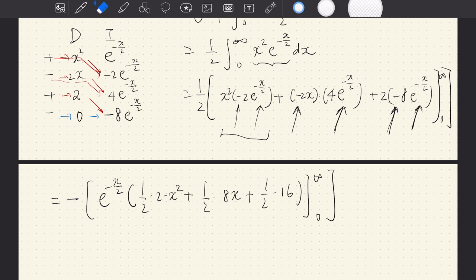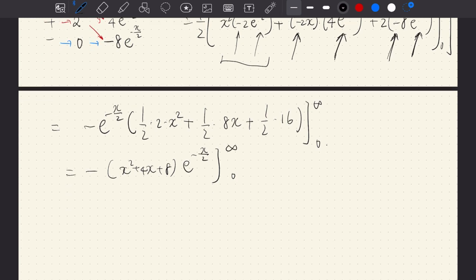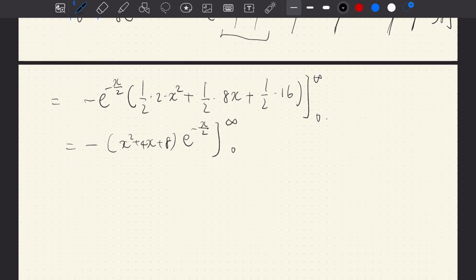Maybe we should write it as this. Okay, so eventually you get negative x squared plus 4x plus 8 times e to the negative x over 2. So for this term, we want to evaluate it at infinity and 0, right?